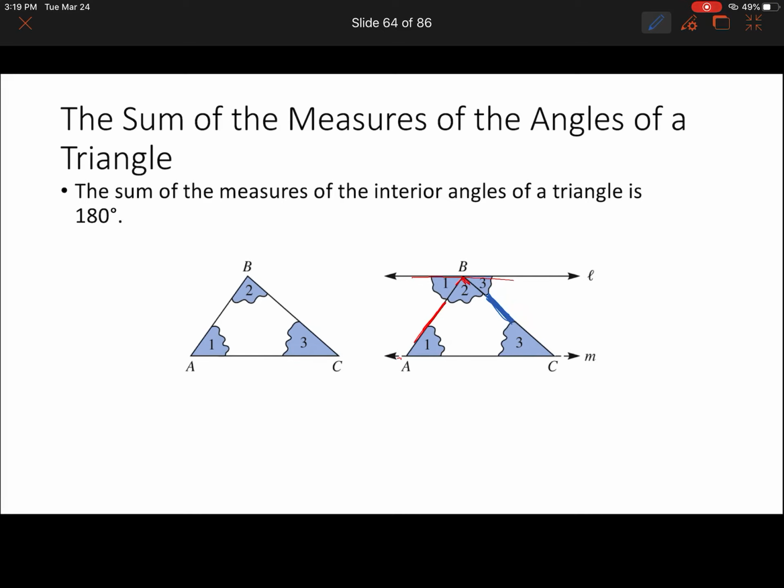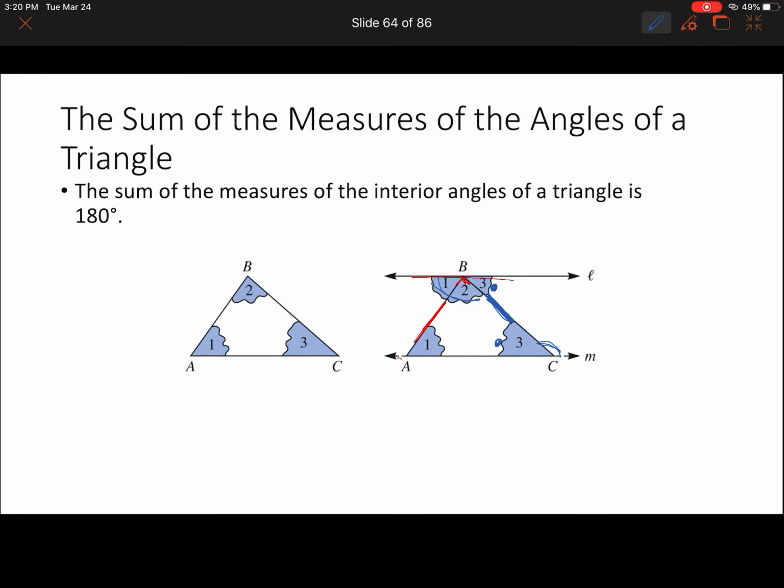Some of our angle measurements that we've talked about work here. If you look at this blue line and think about its transversal, the alternate interior angles would be this angle and this angle, and then this bigger angle and this bigger angle. We're talking about the measures of the angles inside the triangle.